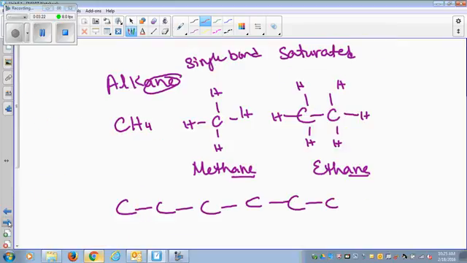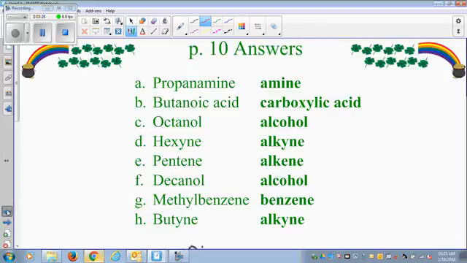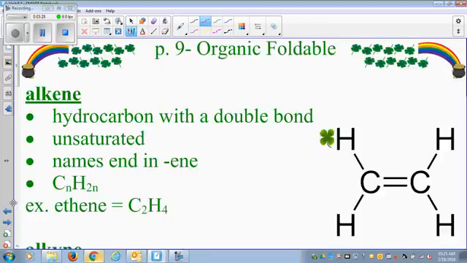So you need to put this foldable together. This is alkene. Underneath alkene you need to write that it's a hydrocarbon. It's only a carbon-hydrogen compound, there is nothing else.